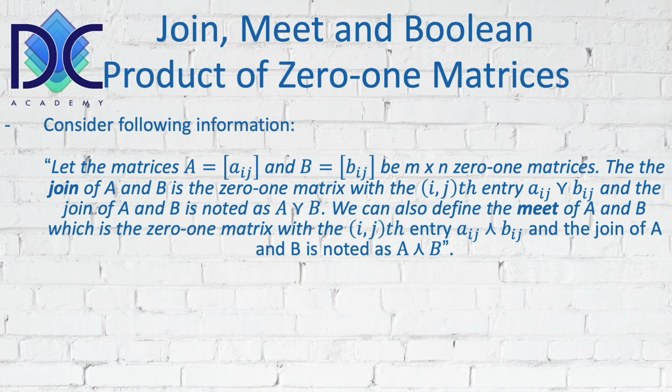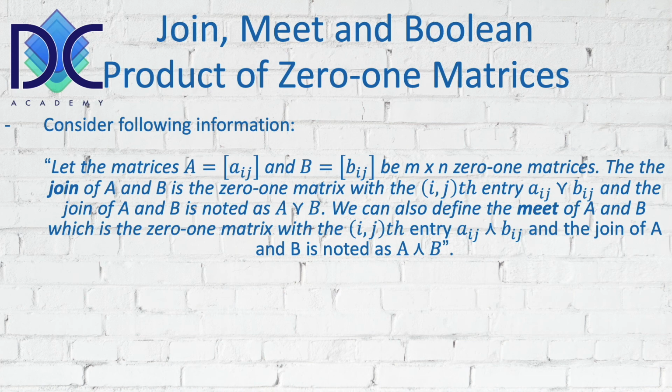The join of A and B is the 0, 1 matrix with the ijth entry Aij OR Bij, and the join of A and B is noted as A ∨ B. We can also define the meet of A and B. This is the 0, 1 matrix where the ijth entry is equal to Aij AND Bij, and the meet of A and B is noted as A ∧ B.